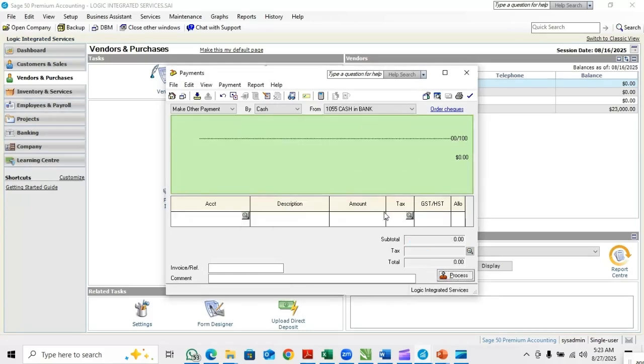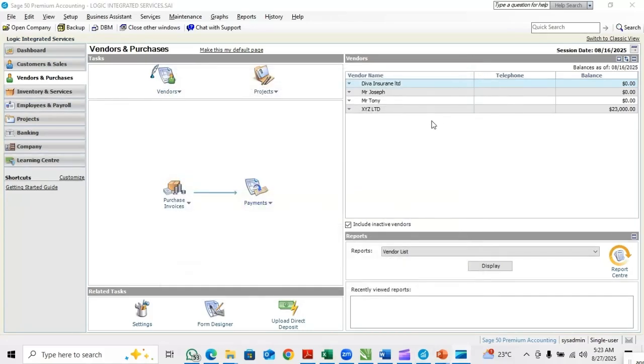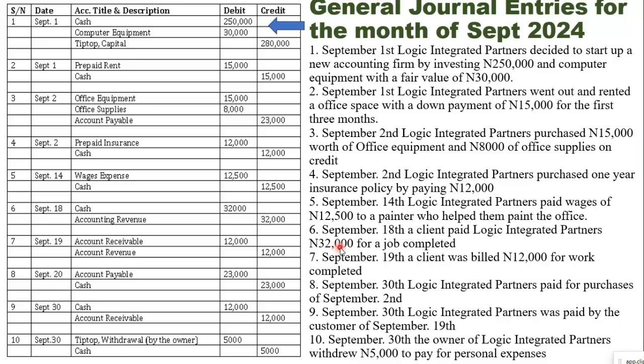So you post the transaction, and you go for the next transaction, number 6, September.